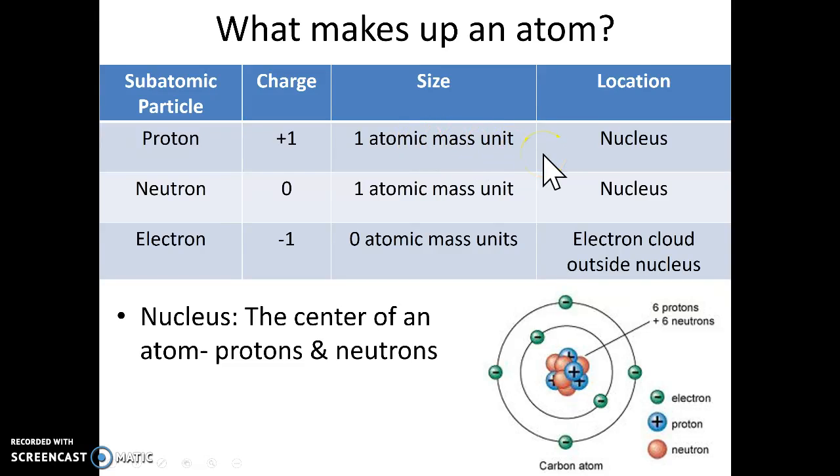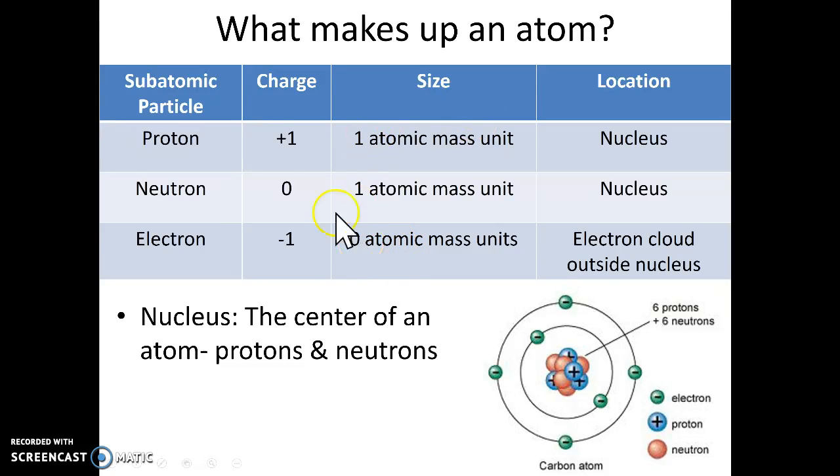Now, this is basically a made-up unit that scientists use to describe things on such a tiny scale. Relative to our protons and neutrons, even though the electron does have a size, it's really tiny, and it does not have enough mass to add to the atom. So that's why we say it has 0 atomic mass units.